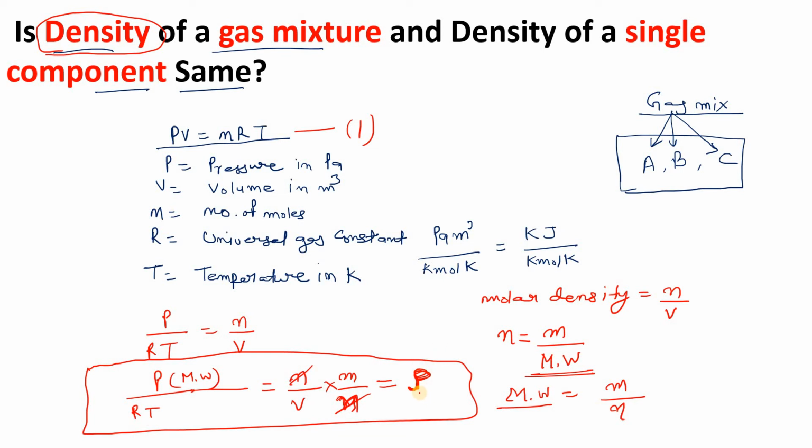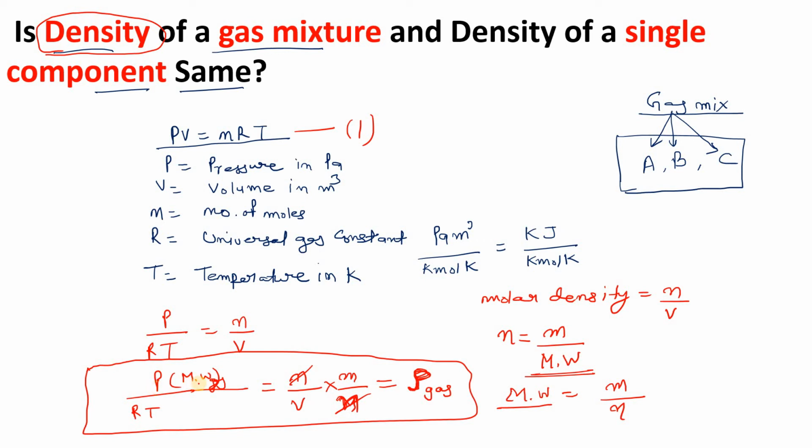But what is this rho? This is with respect to a single component, or I can say the density of a gas. This pressure will be the total pressure, this is the universal gas constant, this will be the temperature of the system, and this will be the pressure of the system.